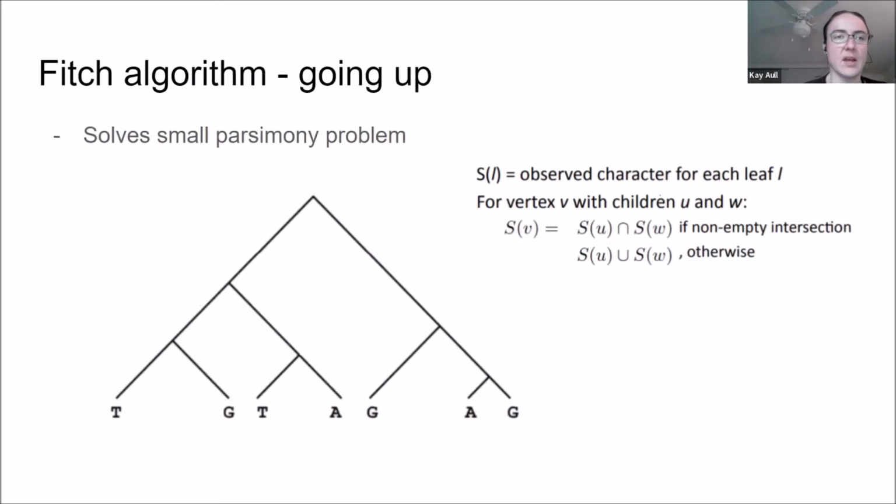Okay, and so how do you solve, or how do you score a tree for parsimony? And we're going to do a toy problem with this. It's called the Fitch algorithm.